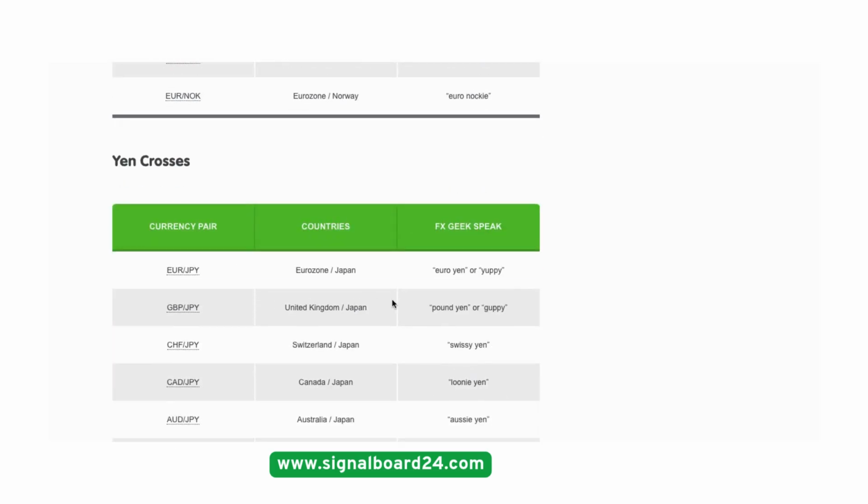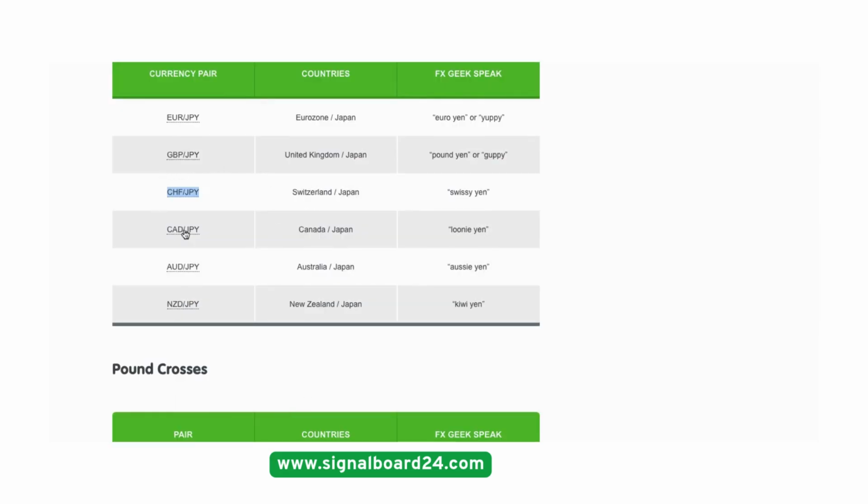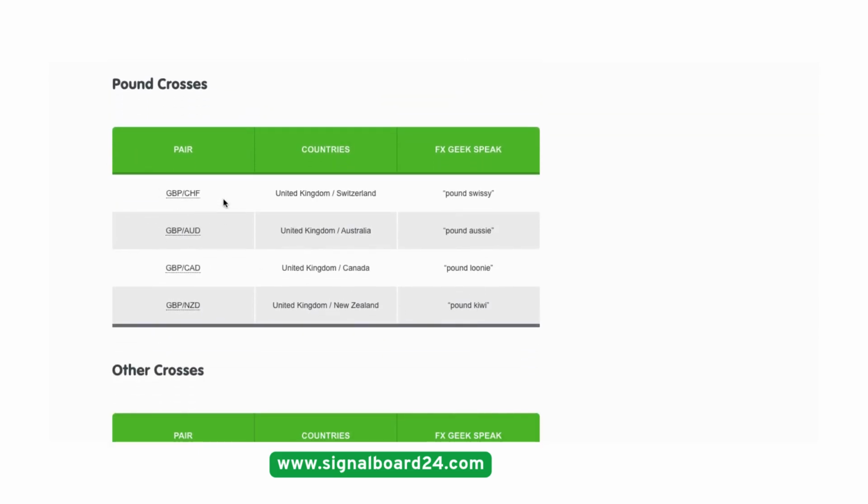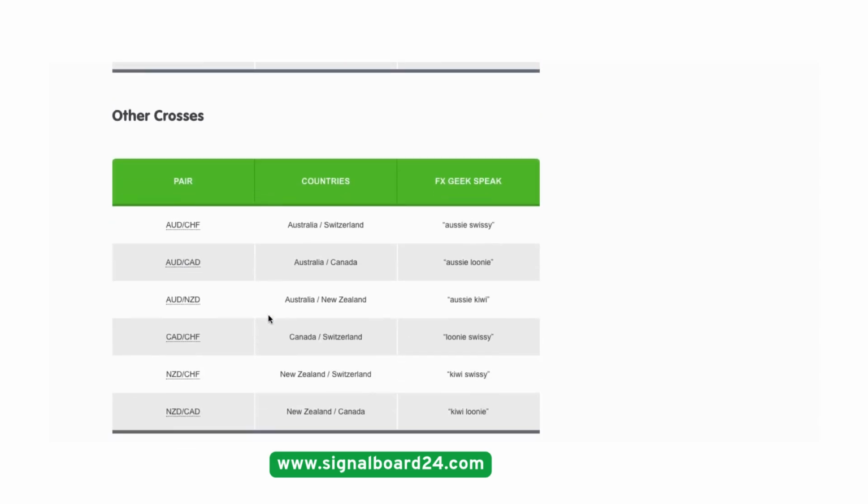The yen crosses are all the currencies with the Japanese yen. This is very important because if something is happening in Japan, all these currencies will be affected by that. The pound crosses are any currency with the pound.